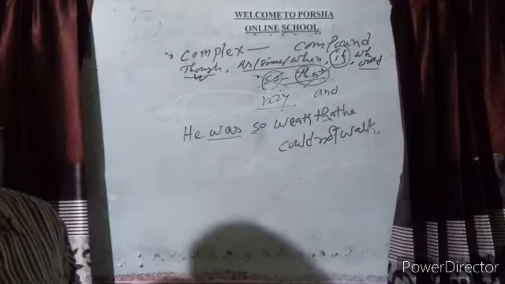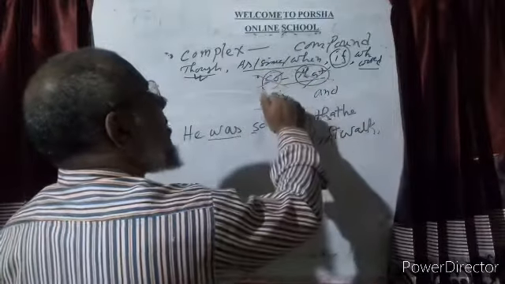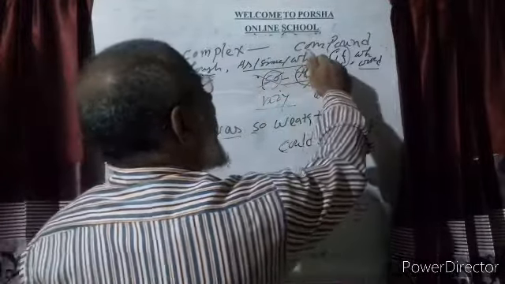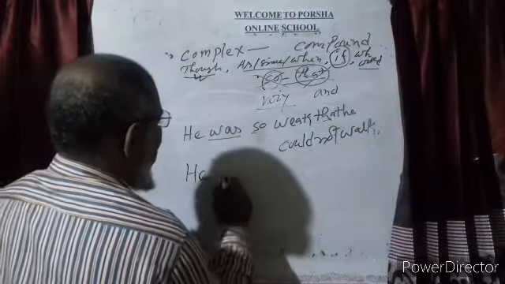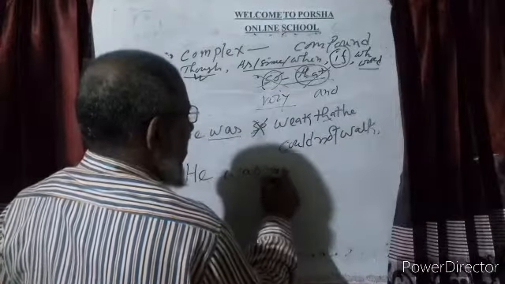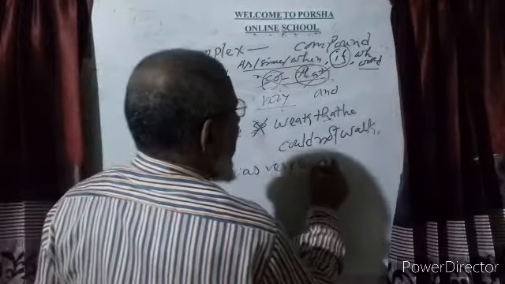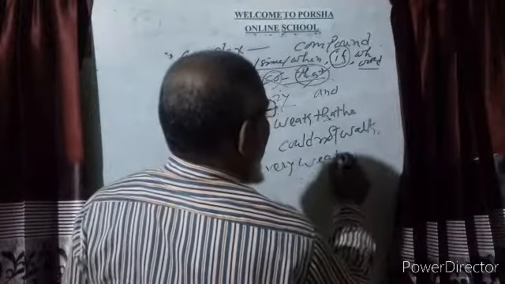So what will be its compound form? I have mentioned before, in lieu of so, very will be used, and in lieu of that, and will be used. So what will be the answer? He was, in lieu of so, very will be used. Weak.